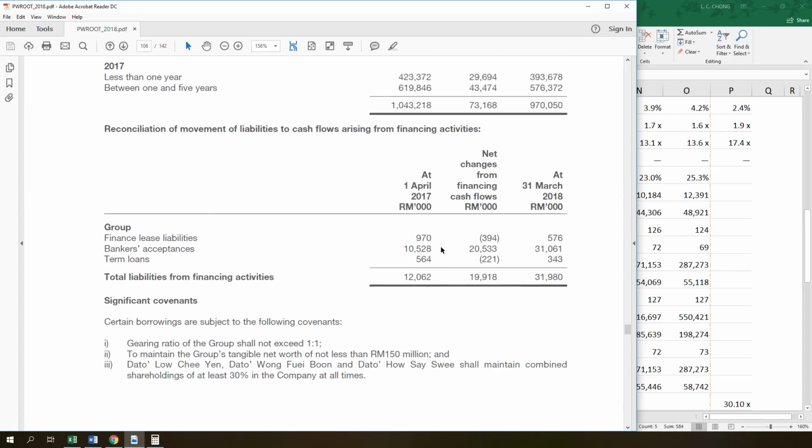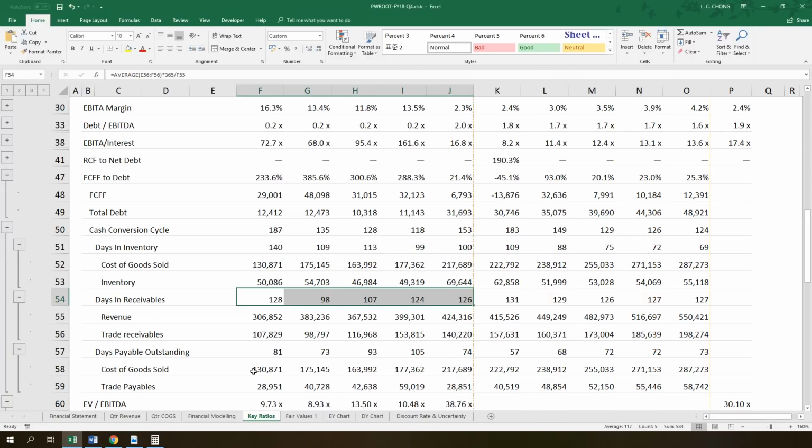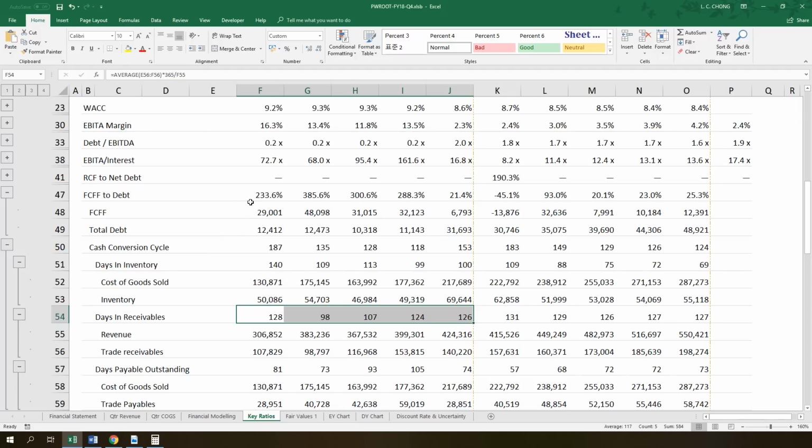We will check MD&A later. If not, we post question during AGM. Let's check the gearing. Let's switch to Excel. The key ratio. Actually, the gearing is quite low.